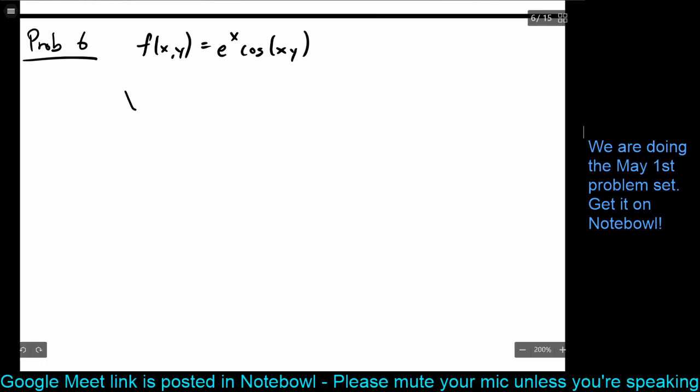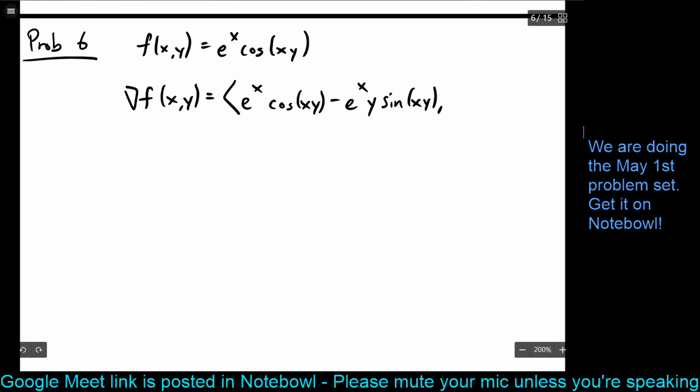So our gradient of f at xy is going to be e to the x cosine of xy minus e to the x y sine of xy, times negative e to the x sine of xy.